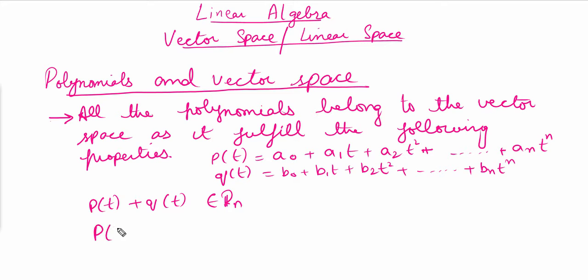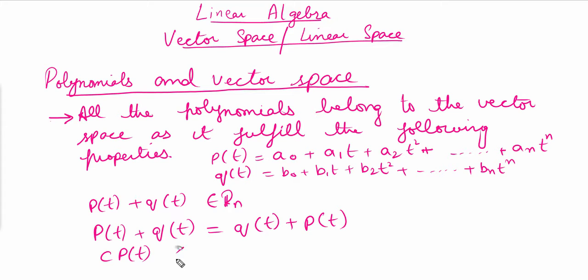And if we add the two polynomials, p of t plus q of t, we get q of t plus p of t, so it satisfies the commutative property. And if we multiply a polynomial with a constant c, we get a polynomial of degree at most n, where c belongs to the real numbers.